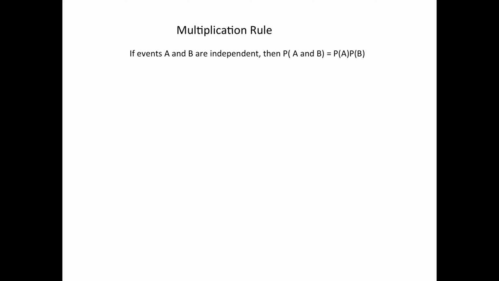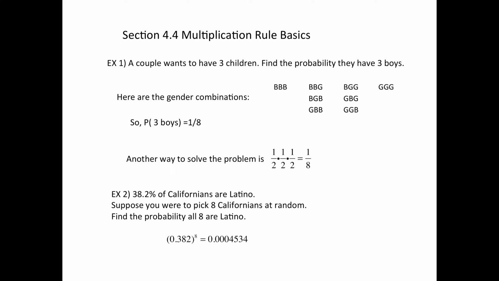So basically the multiplication rule says if events A and B are independent, that means, for example number 2, when you choose the first person, they happen to be Latino. Does that have any effect on the second person being Latino?